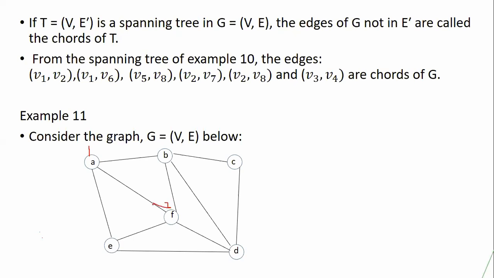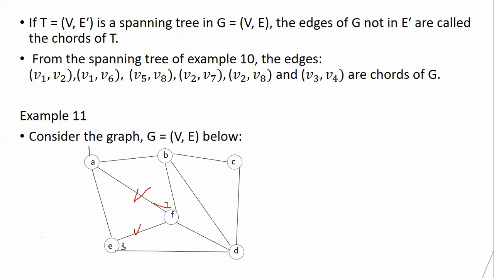Then let's mark the edge AF as used. Now at the F, I can just go to, let's say, E. So I can number here 3. Then we mark the edge EF as used.